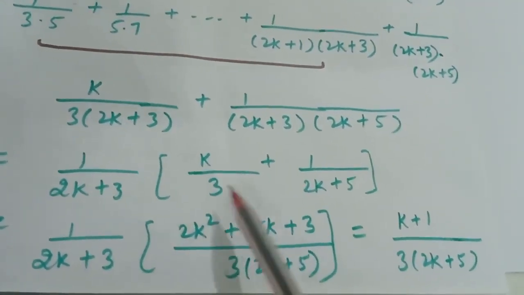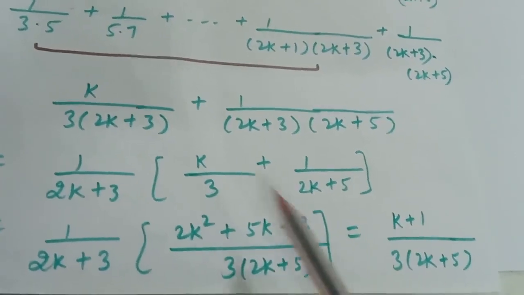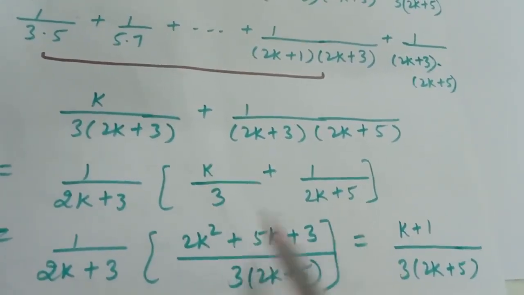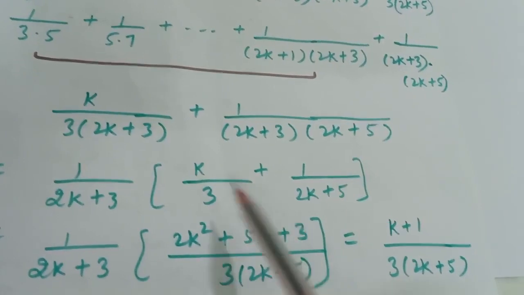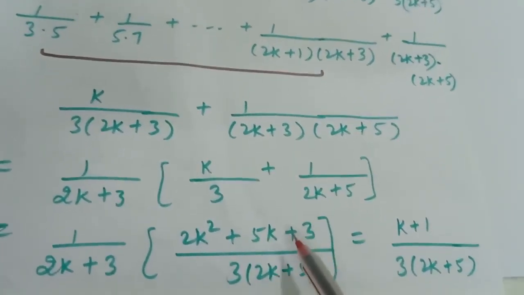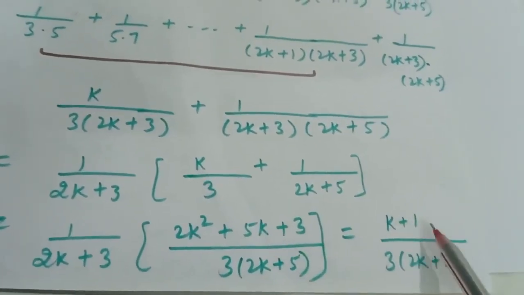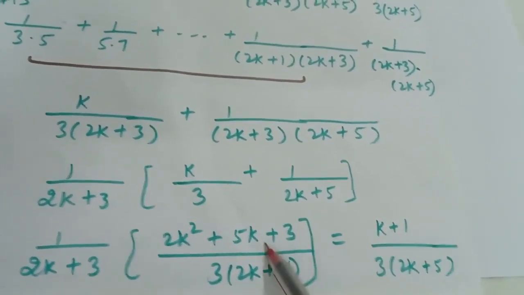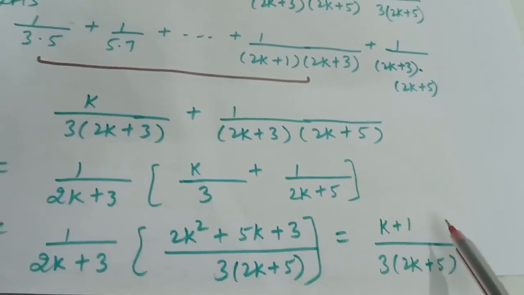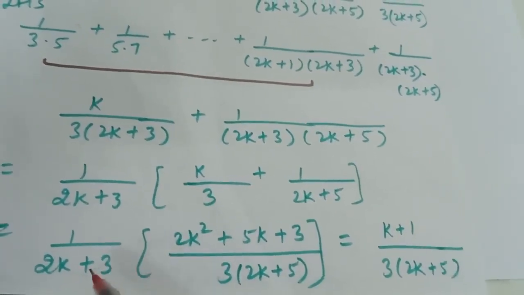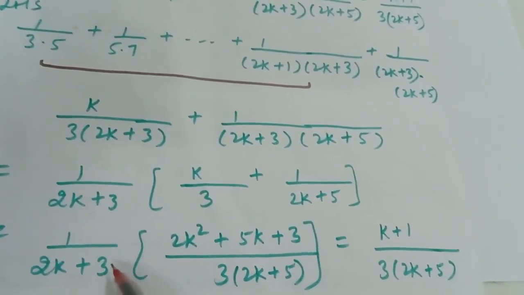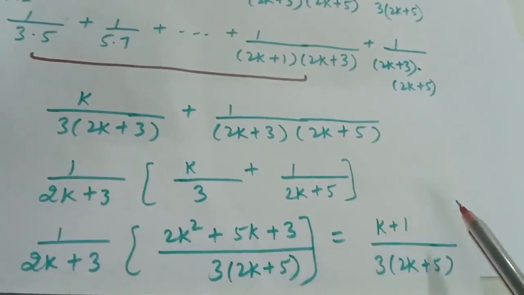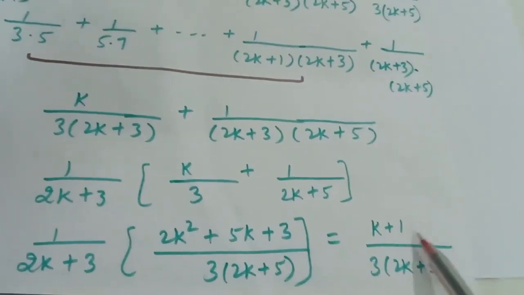Now take LCM, 3 into 2k plus 5, multiply k with this 2k square plus 5k plus 3. When you solve it, you will get the result k plus 1 upon 3 into 2k plus 5, because this is equal to k plus 1 into 2k plus 3, and 2k plus 3 will get cancelled with this 2k plus 3. Clear? And this is our RHS which we wanted.